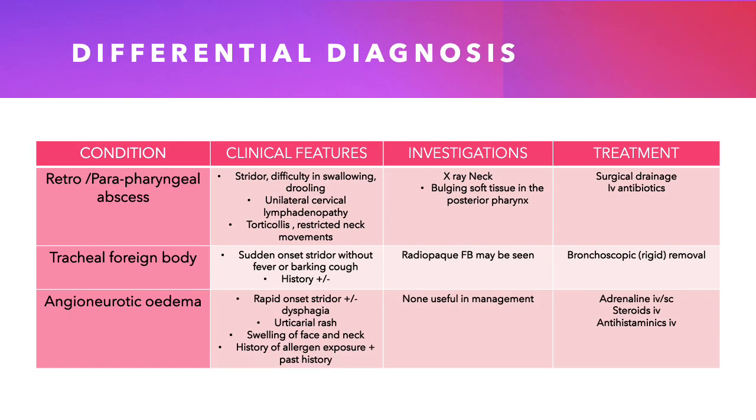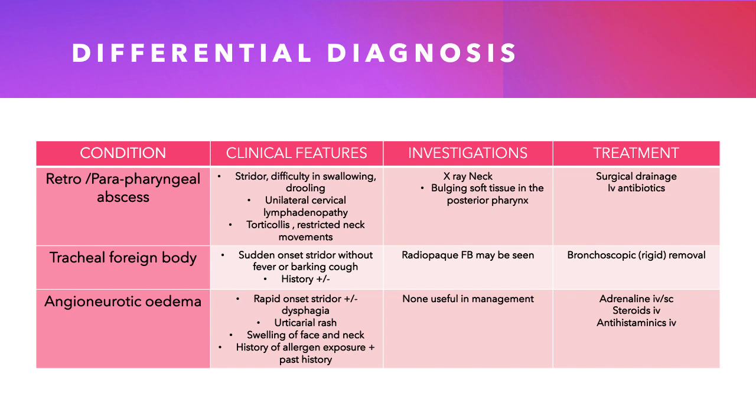Now, retropharyngeal or parapharyngeal abscesses can also present with swallowing difficulty, stridor, and drooling of saliva. How can we differentiate it from laryngotracheobronchitis? There will be unilateral cervical lymphadenopathy. There will be torticollis and restricted neck movements in case of pharyngeal abscesses.